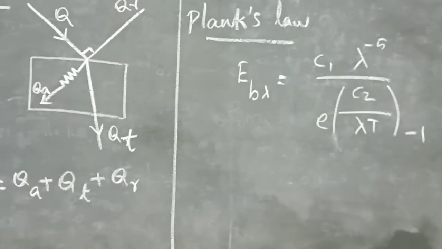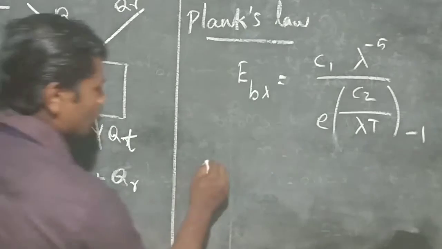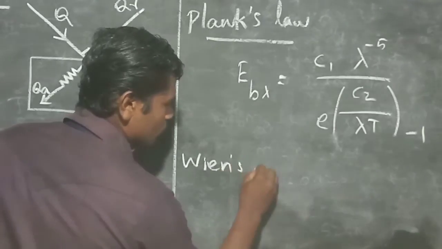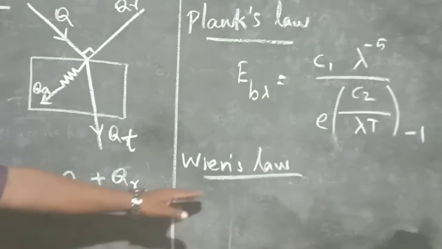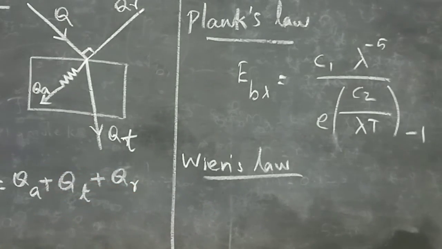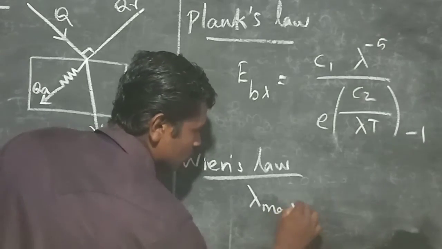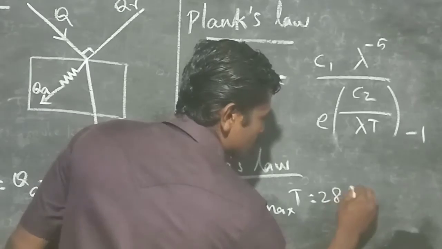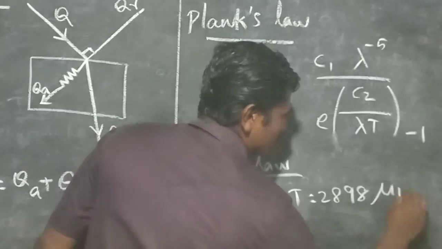Another law is Wien's law, the displacement law. The equation is lambda max T is equal to 2898 micrometer Kelvin.